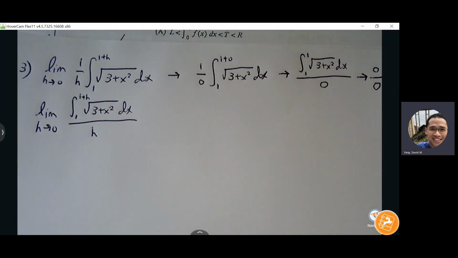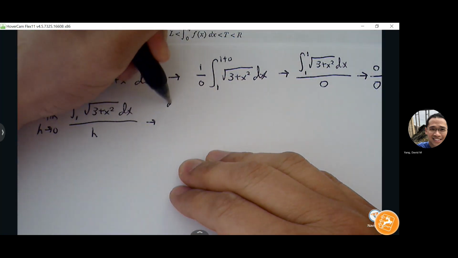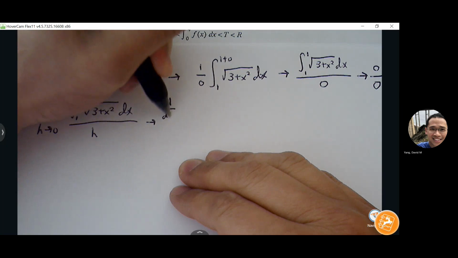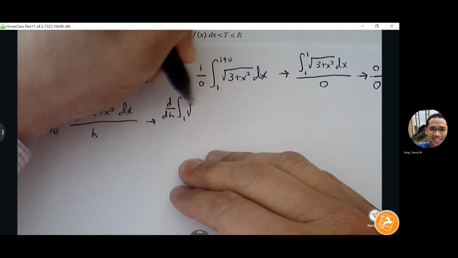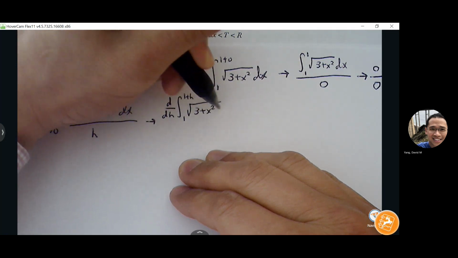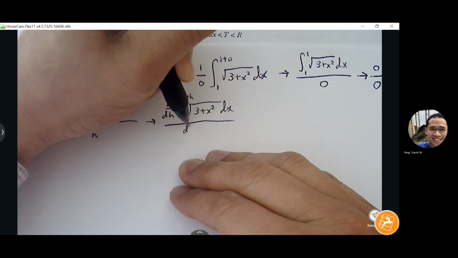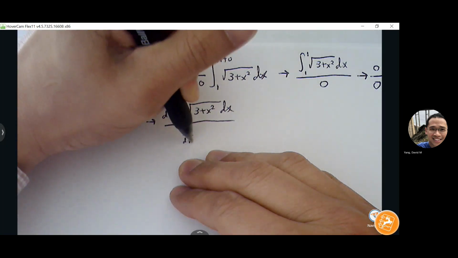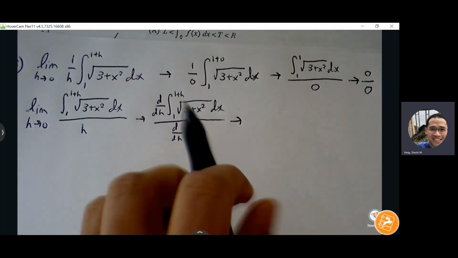Okay, so we need to find the derivative of the numerator and the derivative of the denominator. I'm just showing the notation that I'm about to take the derivative of the numerator and denominator.